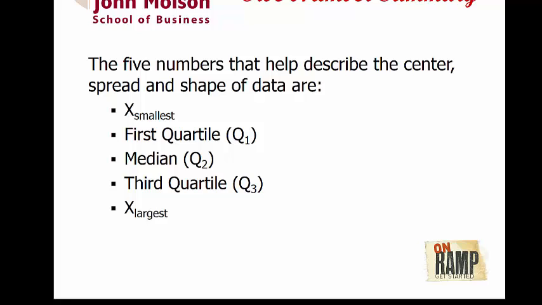So the 5 key numbers, I should say: the smallest observation, x smallest, and then the value of the first quartile, Q1, the value of the median, Q2, and the value of the third quartile, Q3, and the maximum, x largest. Those 5 numbers help me describe the population or the sample I'm dealing with.